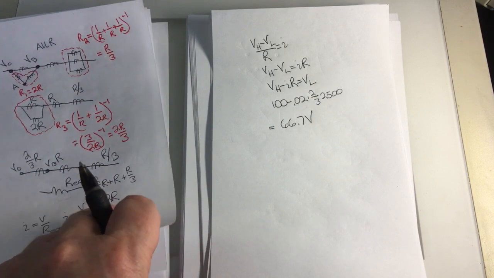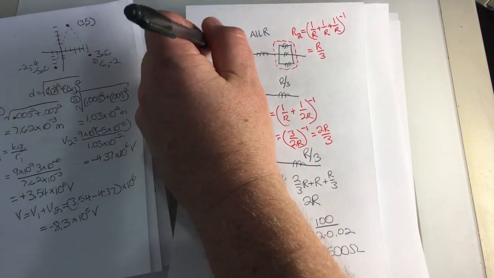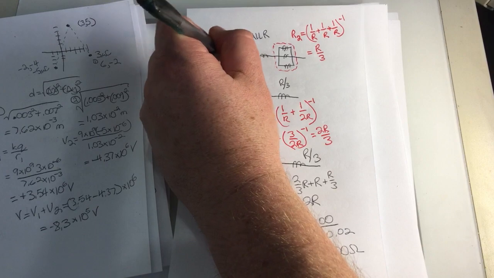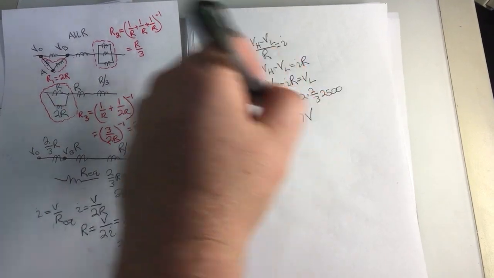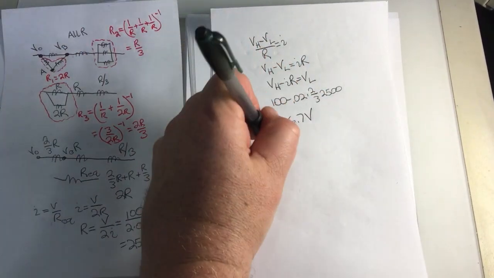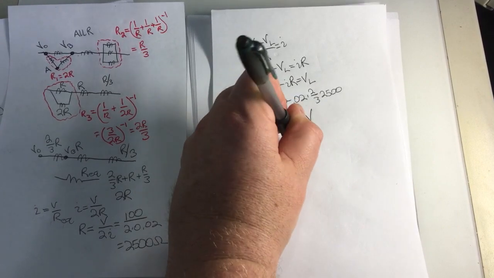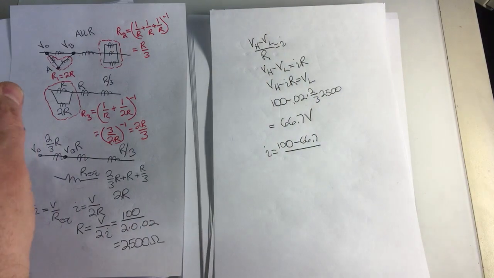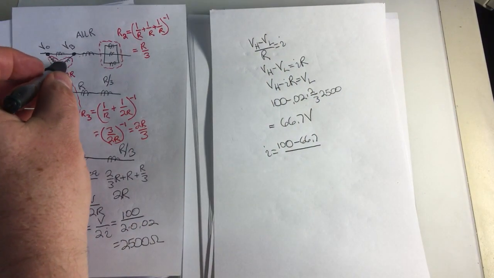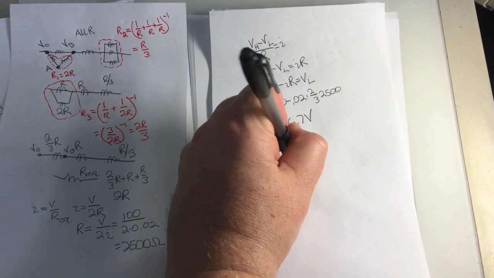Now that I know what the potential at the low is, I can figure out the current going through point A. The current is the V high, 100, minus the V low, 66.7, divided by the resistance of those two, which is 2 times R, or 5,000.